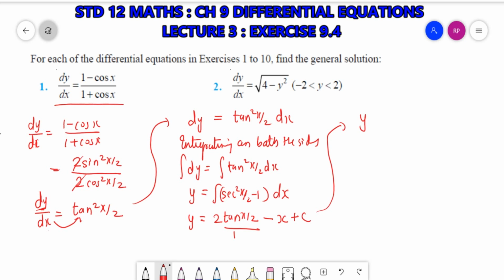So the solution is y equals 2 tan x by 2 minus x plus c. So this was question number 1. Just note it down.